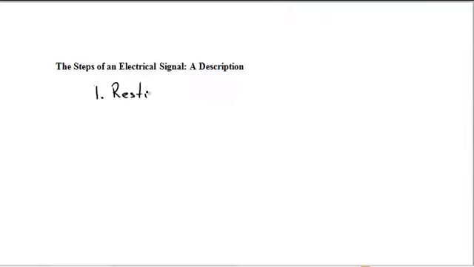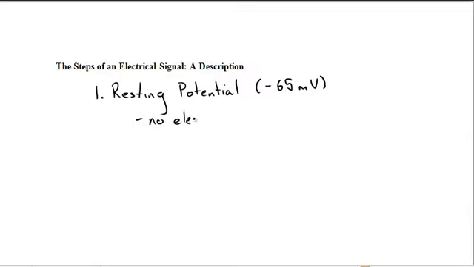This is when your neurons are at rest, not sending a signal. Now, there's some variance in what the resting potential is reported to be. We'll go with what your textbook says. It declares the resting potential is negative 65 millivolts. So, no electrical signal being sent.